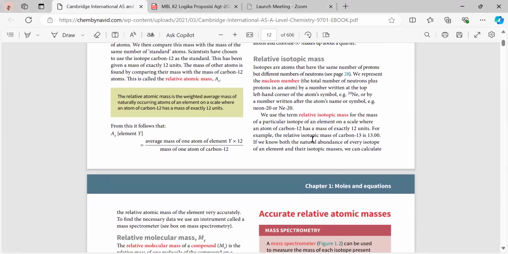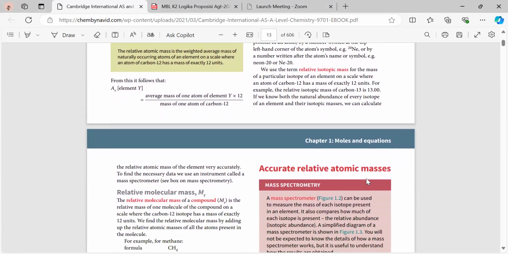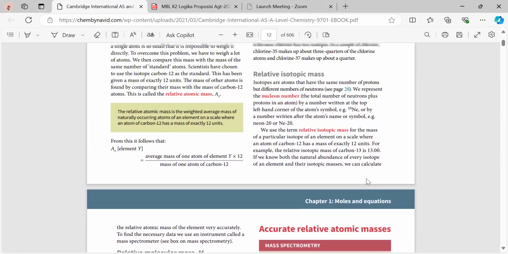The term relative isotopic mass is for the mass of a particular isotope of an element on a scale where an atom of carbon-12 has a mass of exactly 12 units. That's pretty much about isotopes that you will need to know for now.